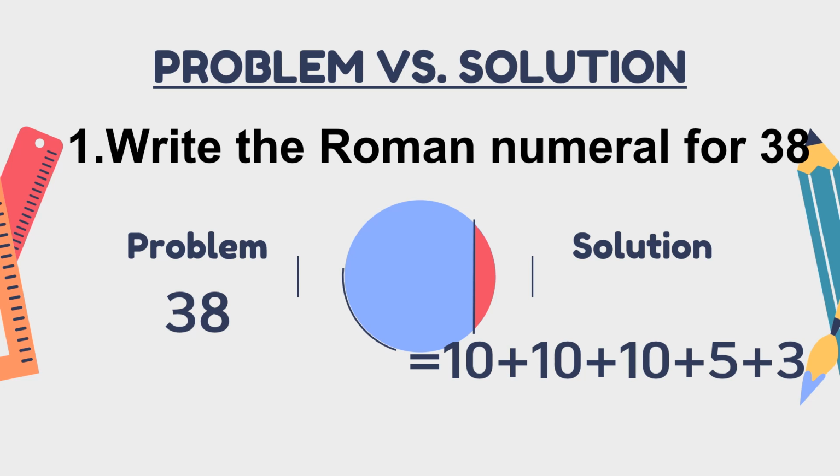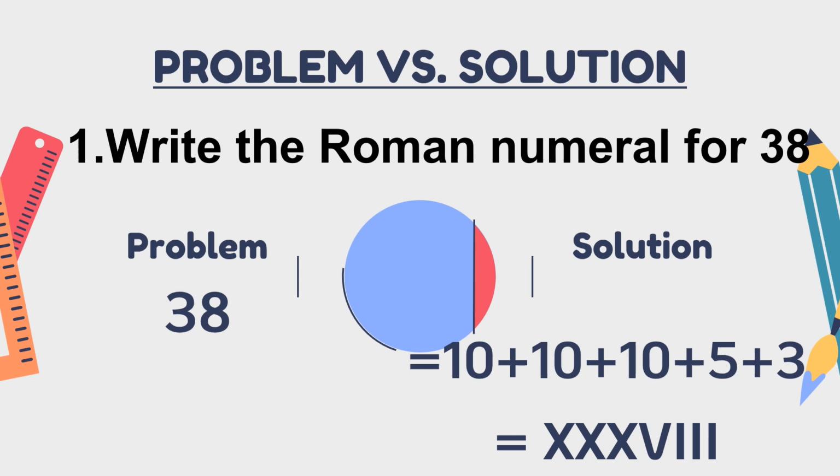Children, now we need to write their symbols. That is, 10 is added 3 times here. So we write X 3 times. Then write the symbol for 5, that is capital V. And write the symbol for 3, that is I. So the Roman numeral for 38 can be written as XXXVI.